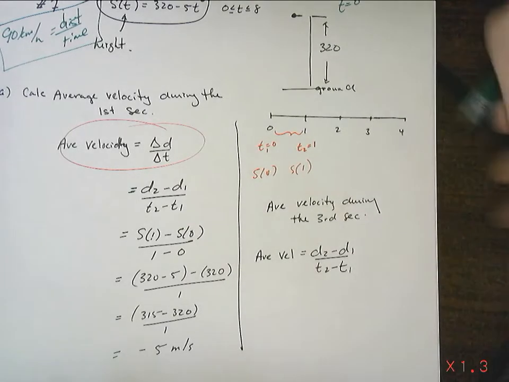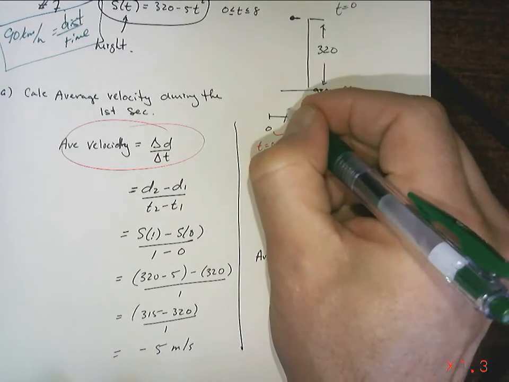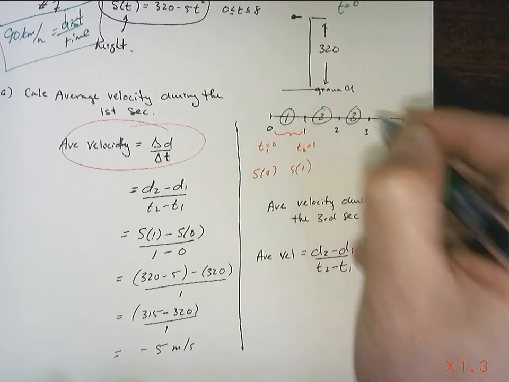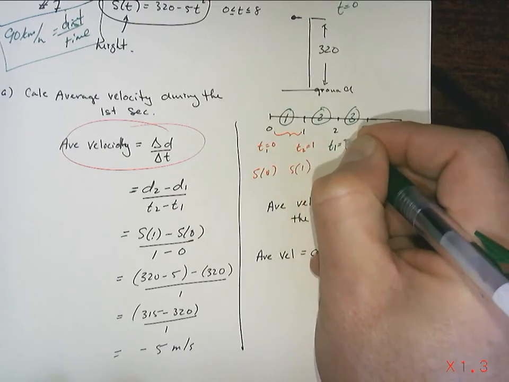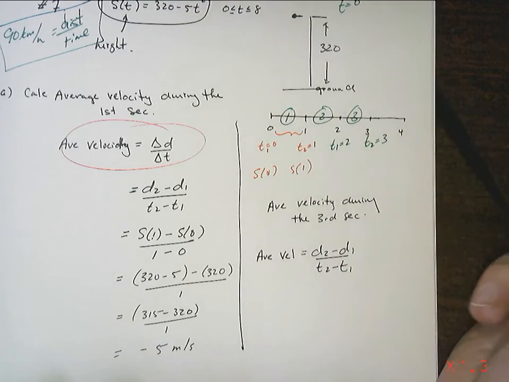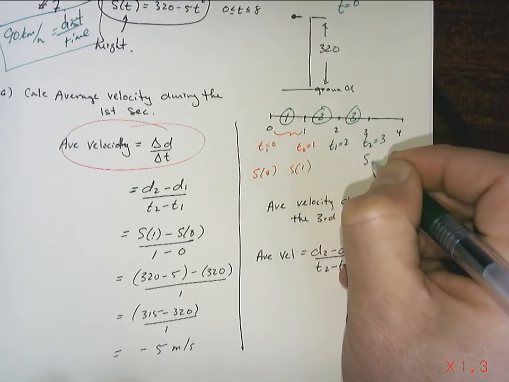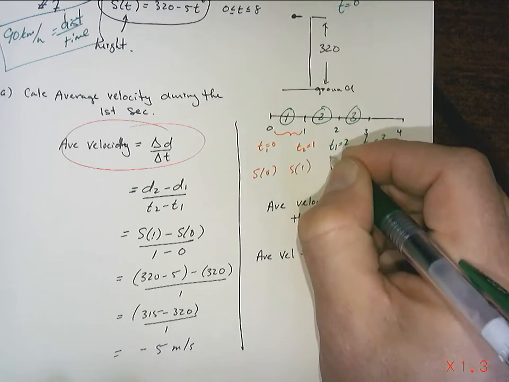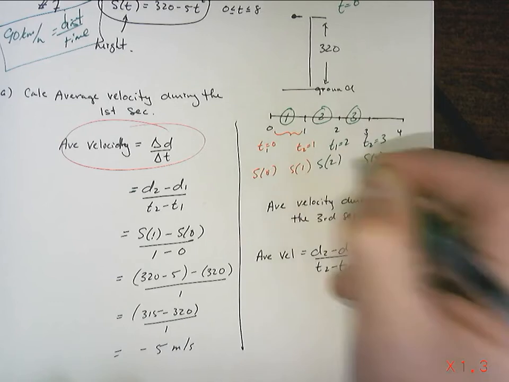Only this time, the third second: if this is your first second, this is your second second, your third second starts at t equals 2 and ends at t equals 3. So your ending height is s of 3, and your starting height is s of 2.